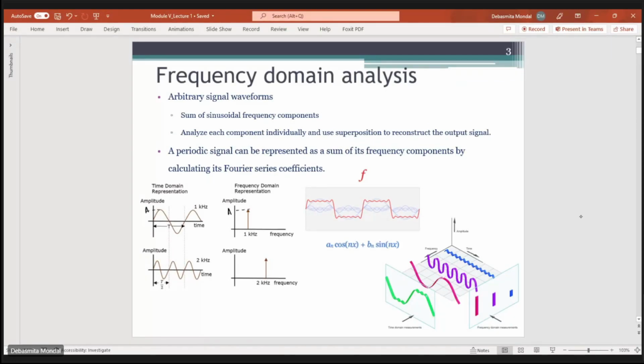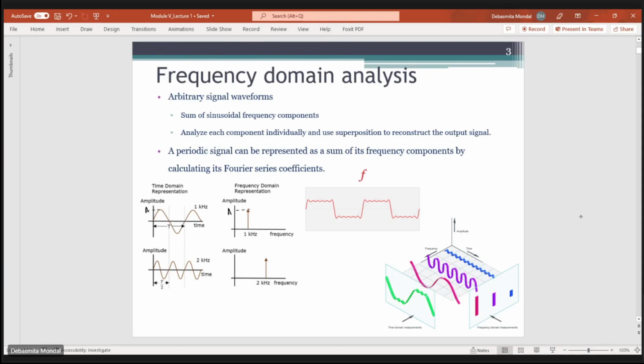Corresponding to each sinusoid, you will have a frequency domain representation, and corresponding to all the other frequencies also you will have a representation in the frequency domain. So the time domain representation of this signal looks like this, and the frequency domain representation will be given by something like this.